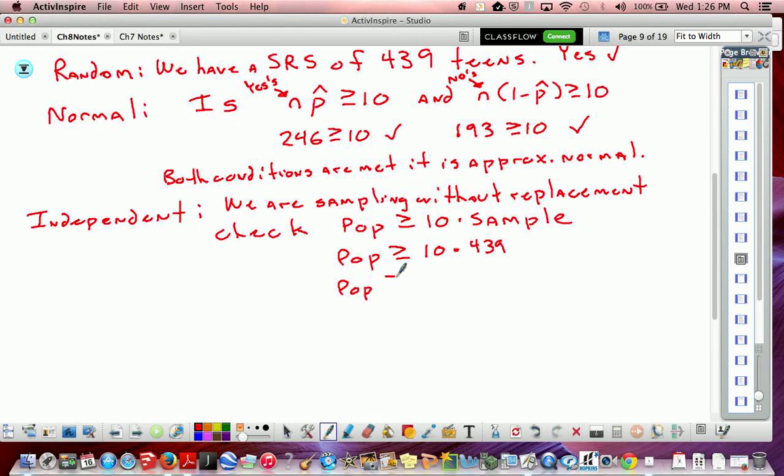So is our population greater than or equal to 4,390? I hope so. Well, what's our population? US teens. So we would definitely say yes. There are at least 4,390 US teens. There's that many teens probably in the metro area. Probably just in the Lake Conference we have that many. If we're talking 13 to 17-year-olds, almost in the school district.